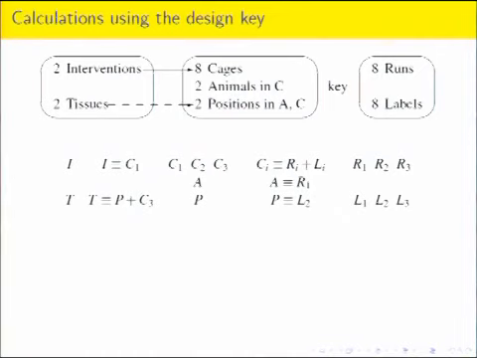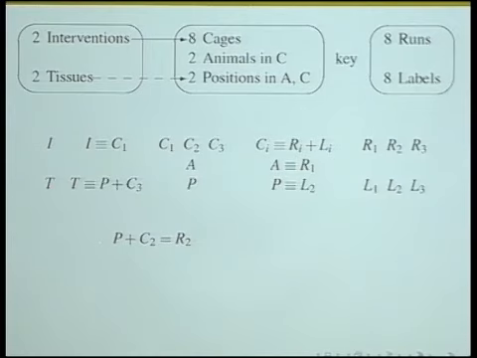So that's just our picture with the panels again. This is the aliasing that I've given you. This is showing you how you do some of the calculations. First of all, something with no treatments in. If I take P plus C2, that's L2 plus R2 plus L2. These are all mod 2, and the L's cancel out.